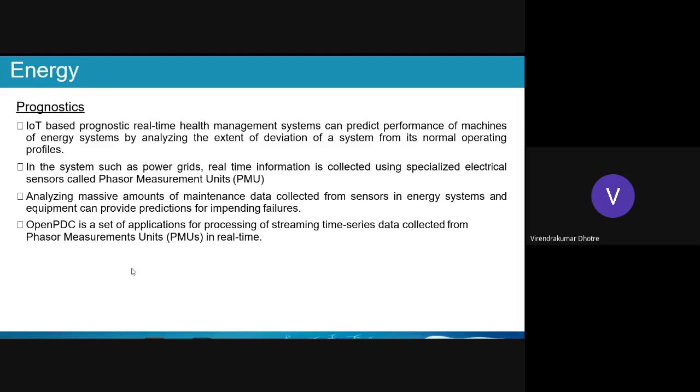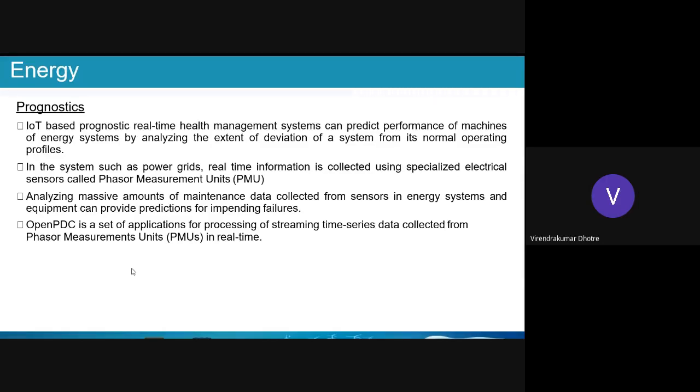Prognostic is a kind of IoT based system which covers all the devices which are working under the transmission of electricity from one point to another. These devices, without fail, they should work. And prognostic is a kind of system which checks the real time health of all these devices.